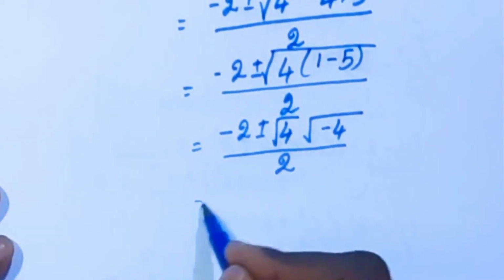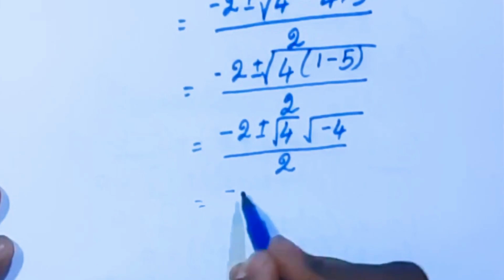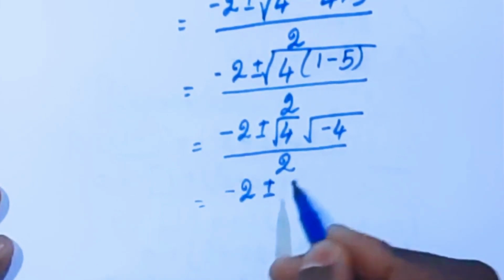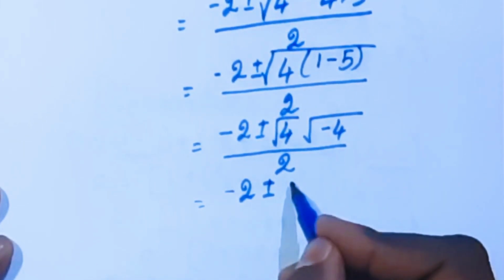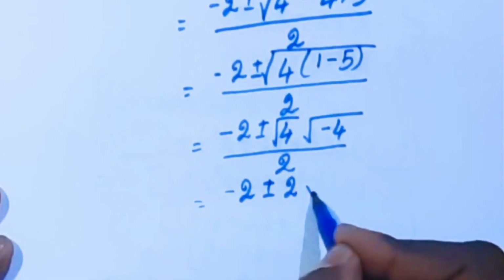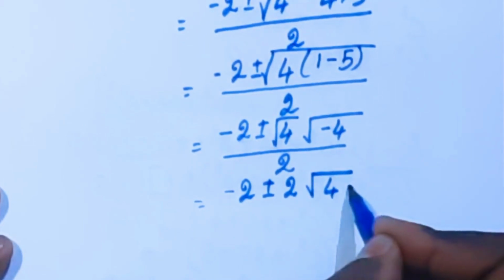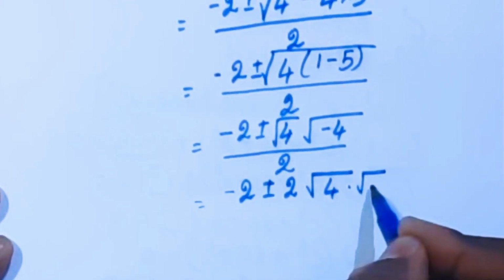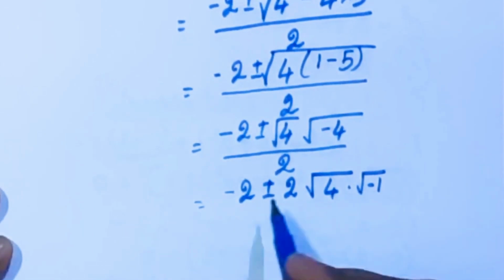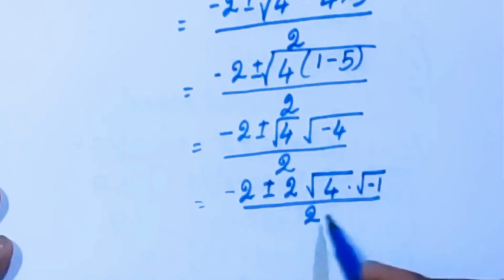Now this can be written as minus 2 plus or minus 4 square root is 2. This can be written as square root of 4 times square root of minus 1 by 2.